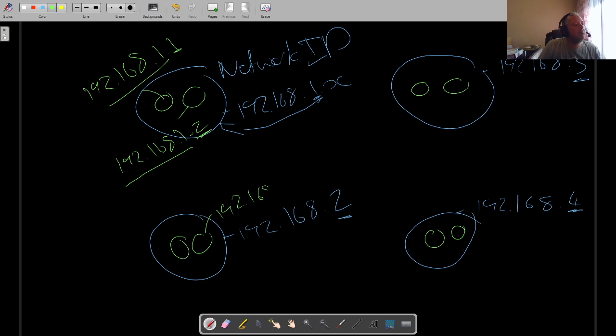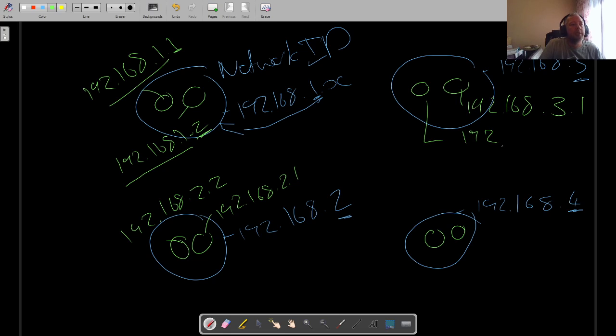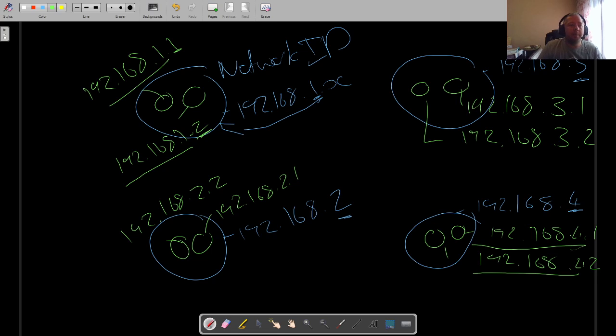So if we continue, this is an example of what IP addresses might look like when you're discussing multiple networks and multiple PCs inside that network. Okay, let's just finish down here as well. .4.1 and 192.168.4.2. So the network ID always stays the same, but the host ID is unique for every host inside that network.